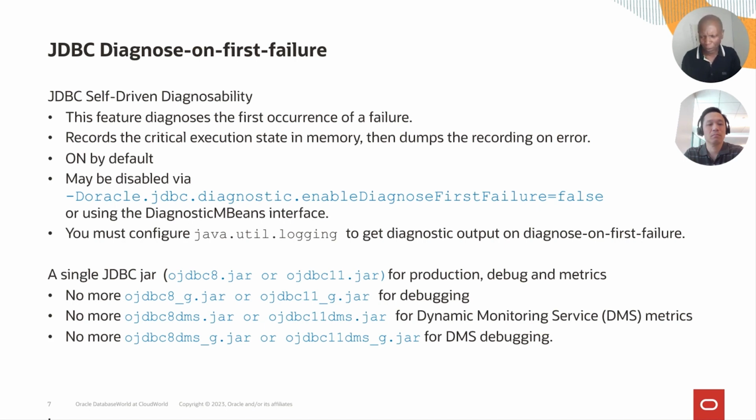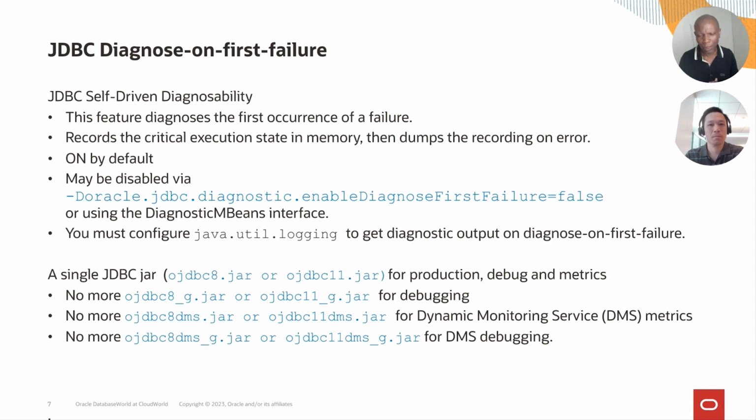And if you wanted to get metrics, you needed to use ojdbc8dms.jar or ojdbc11dms.jar. And to debug the metrics, you had to use ojdbc8dms_g.jar or ojdbc11dms_g.jar. The good news is that in DB 23c, to support observability and diagnose on first failure, the production jars, namely ojdbc8.jar or ojdbc11.jar, work for production, debug, and metrics.